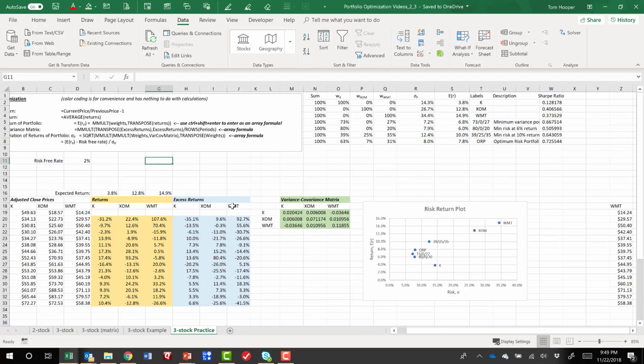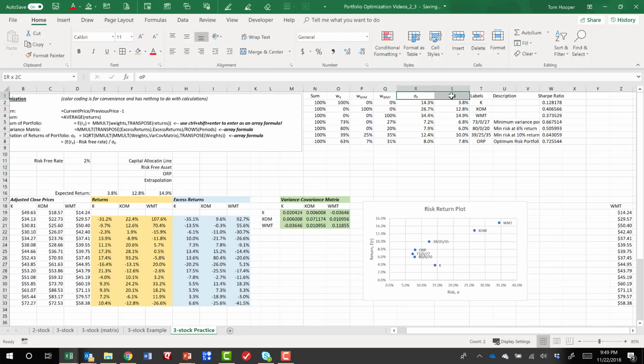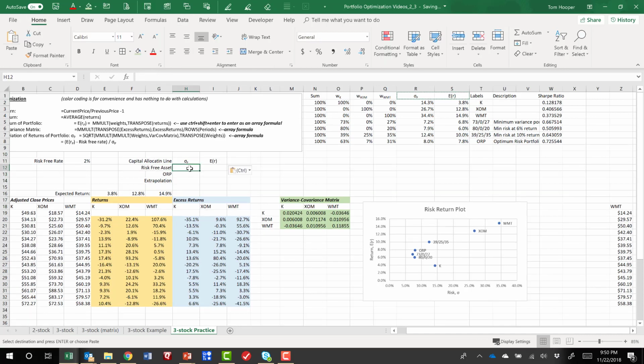And let's come over here and draw the capital allocation line. We'll extrapolate that line out to the maximum risk.